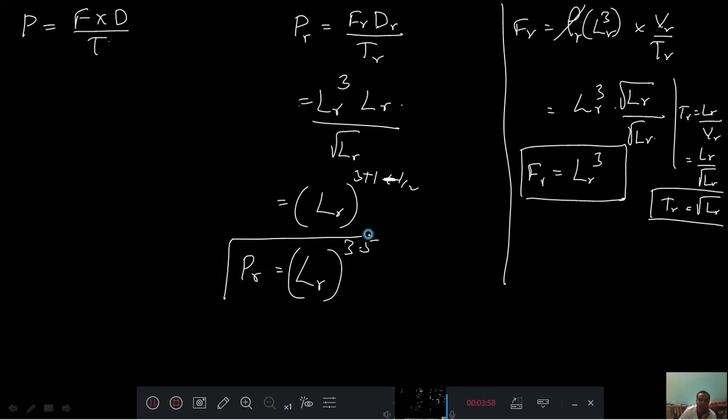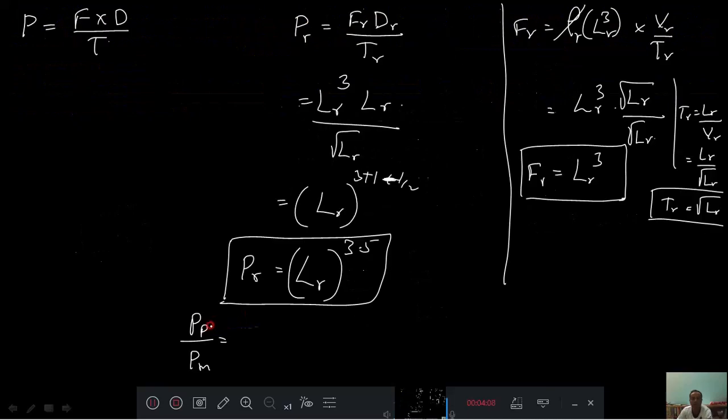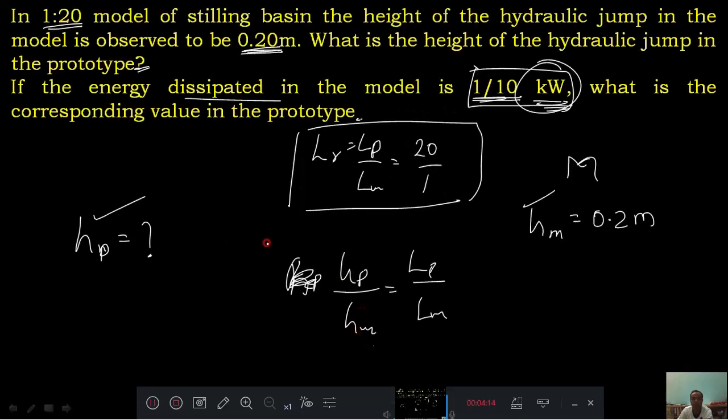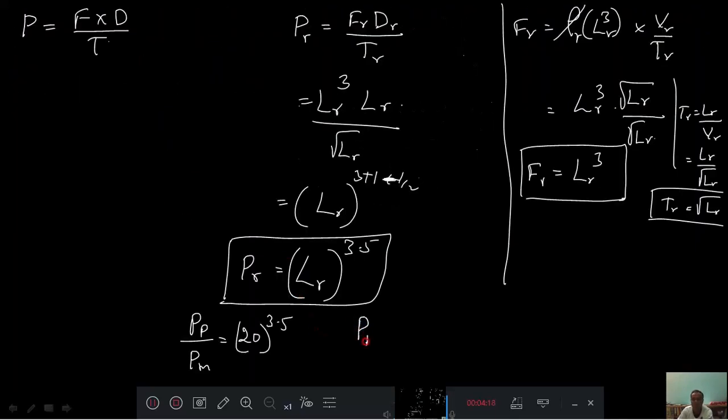Then come to your pressure. This is a power ratio. Power in the prototype divided by power in the model is equal to LR to the power 3.5. How much is LR? Is it 20? 20 to the power 3.5. We want the corresponding value of the prototype. Therefore, PP is equal to 20 into 10 raised to 3.5 into 1 by 10.